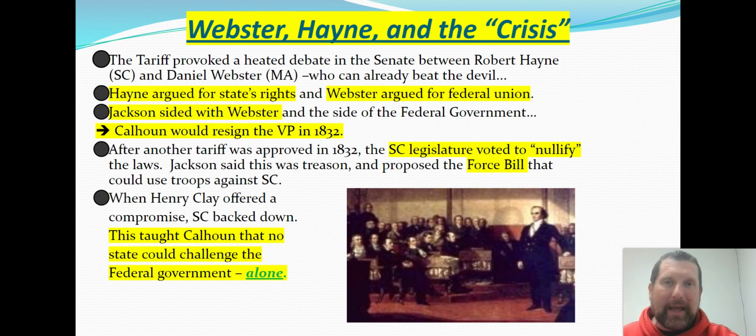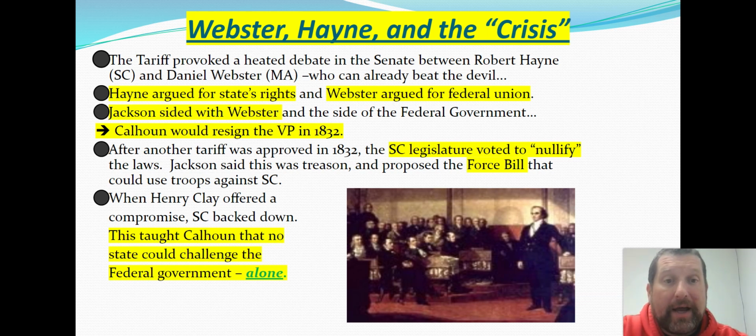But again, this is where it gets interesting politically. So Jackson sides with Webster, naturally in favor of the federal government that he's overseeing. And John C. Calhoun, of course, does not. So Calhoun resigns as vice president in 1832. Another tariff is approved in 1832.